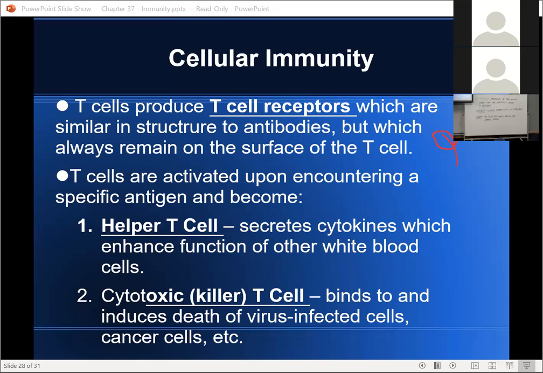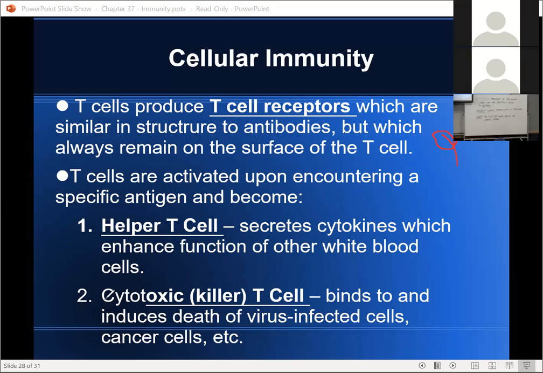In the example I showed you before, the helper T cell recognized the antigen on the surface of the B cell and activated it so that it would differentiate into a plasma cell and make lots of antibodies. That's what a helper T cell does. Helper T cells really help B cells to differentiate into plasma cells and make lots of antibodies.